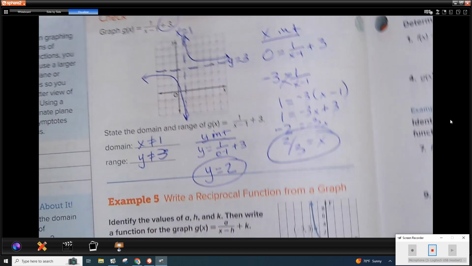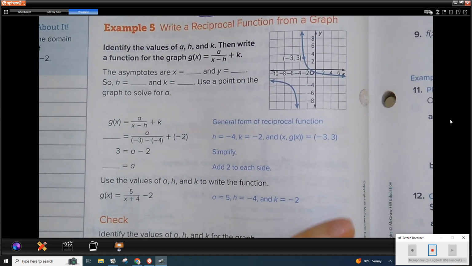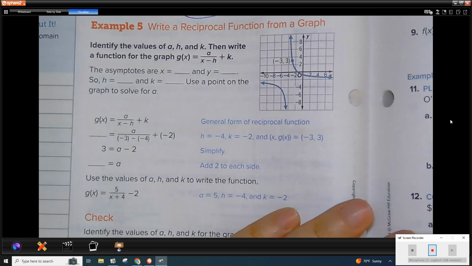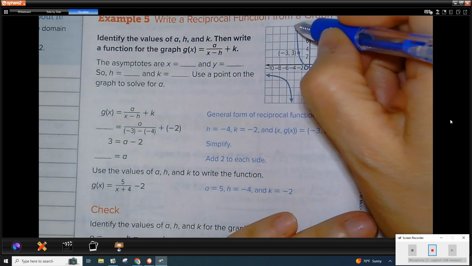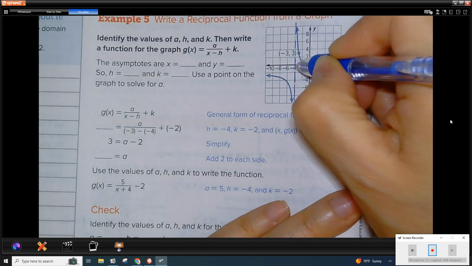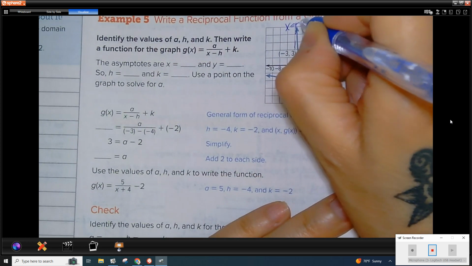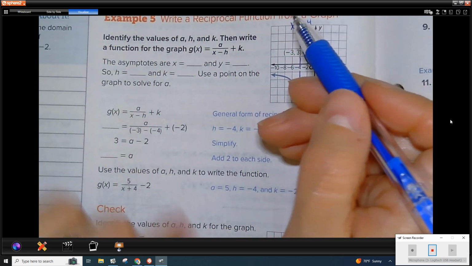Okay, now say you have the graph, but you want to find out what the h and k values are, what the function looks like written out. So here's our graph. Looking at it, my vertical asymptote is x equals negative 4, which means my h is negative 4.